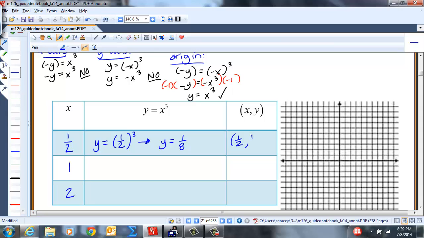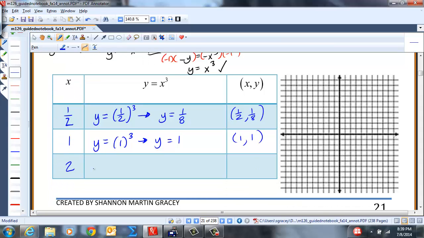So 1/2, 1/8. Y equal to 1 cubed gives us y equals 1. So 1, 1 is on the graph. And y equals 2 cubed gives us y equals 8, so the ordered pair 2, 8 is on the graph.